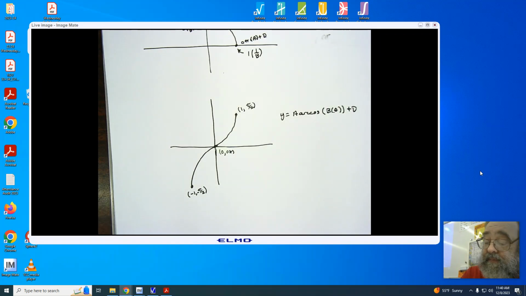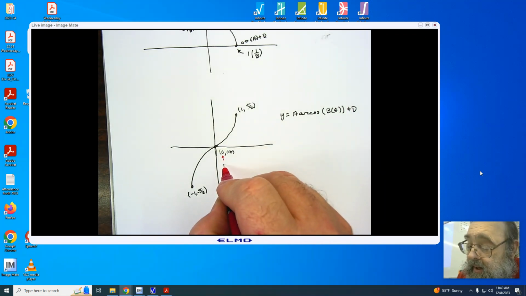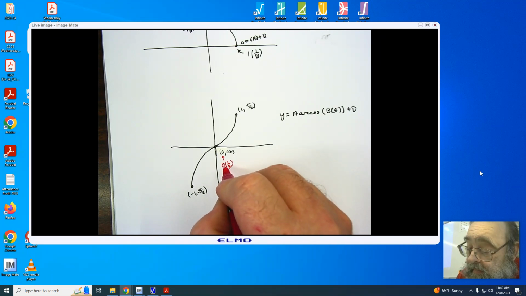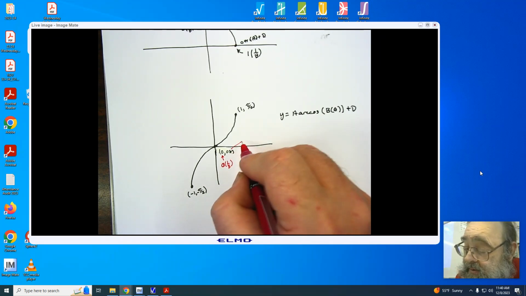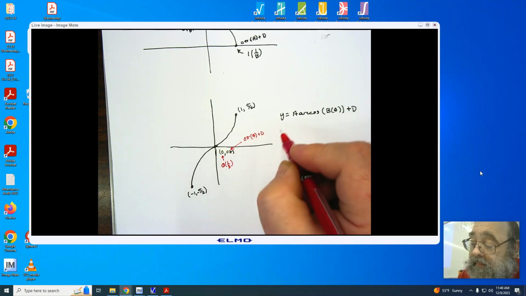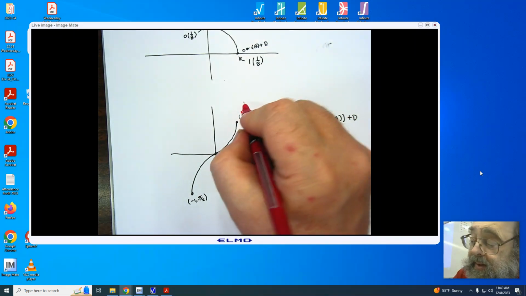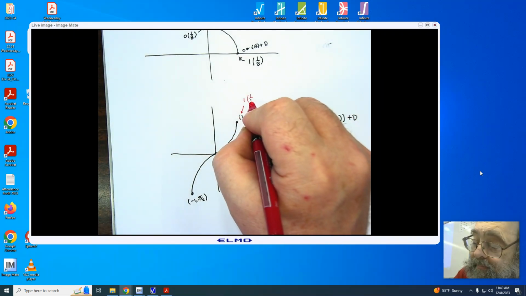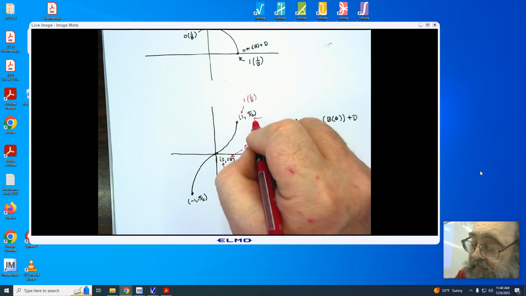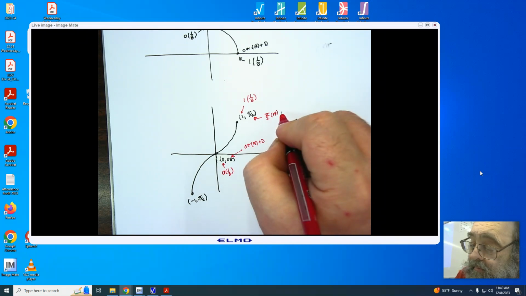Now, when we graph, that means that this value right here is going to be 1 times 1 over b, 0 times 1 over b, and this value right here is going to be 0 pi times a plus d. So that point right there is going to be 1 times 1 over the absolute value of b, and this value right here is pi over 2 times a plus d.